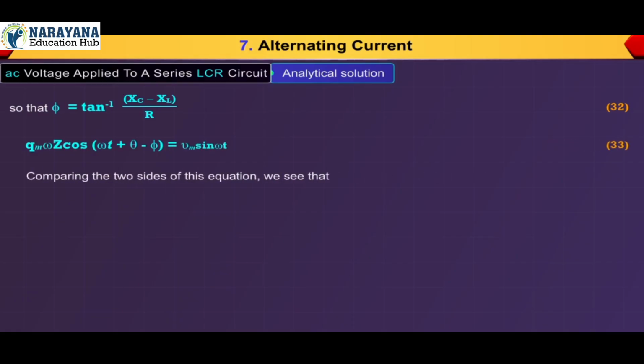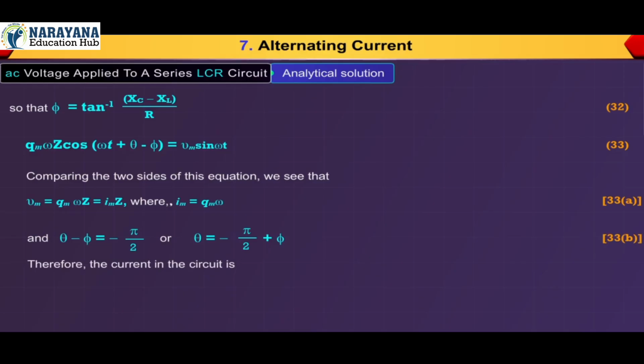Comparing the two sides of this equation, we see that Vm is equal to Qm omega Z is equal to Im Z, where Im is equal to Qm omega, equation 33a, and theta minus phi is equal to minus pi by 2, or theta is equal to minus pi by 2 plus phi, equation 33b.